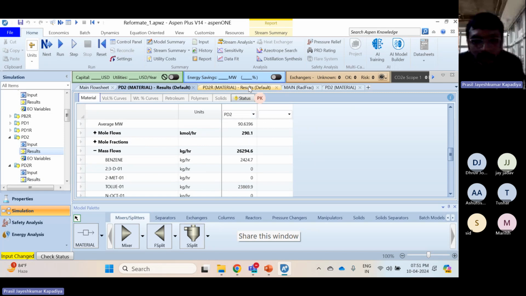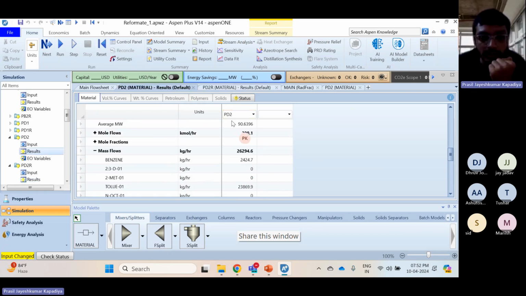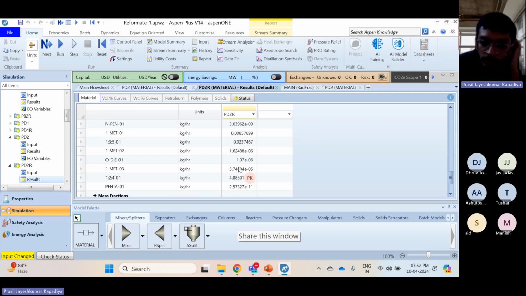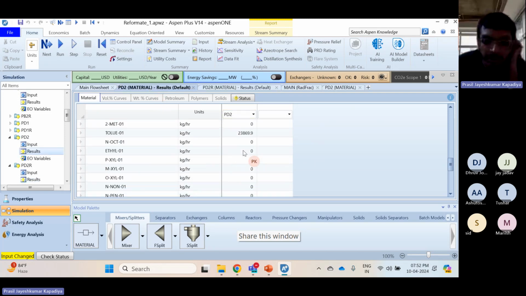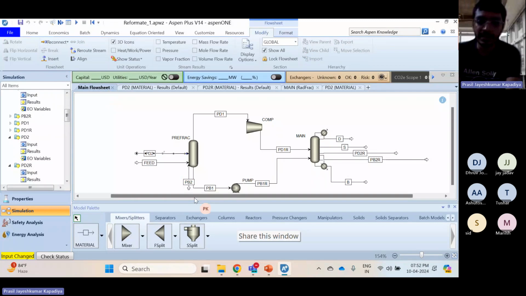If we go for mass, 2424.7 benzene, our initial guess, and it is 2786. So there is a difference in all these values. Okay, you can see that there is a difference between what we are getting and what we assumed. So this was the first part of the problem, just to initially guess something and simulate it.